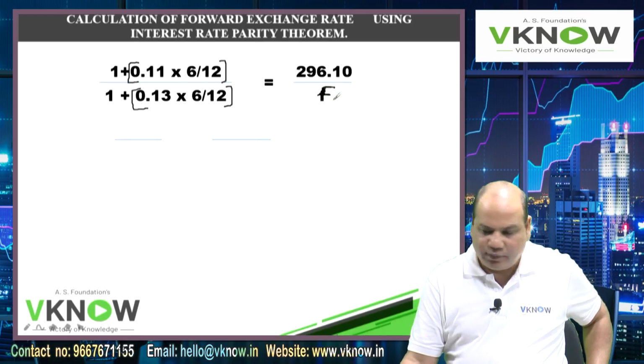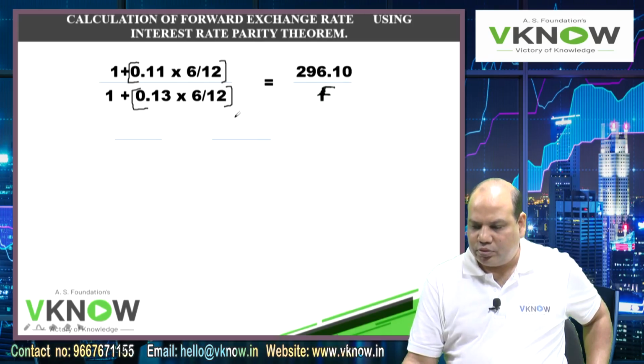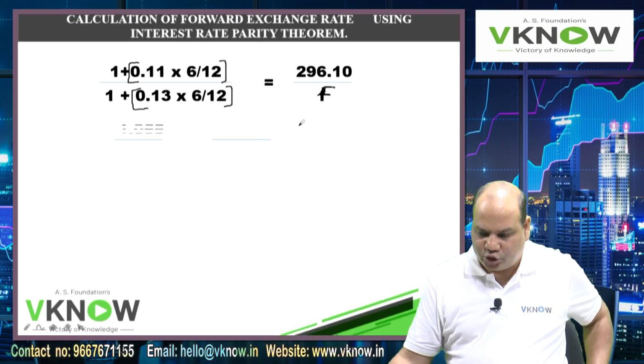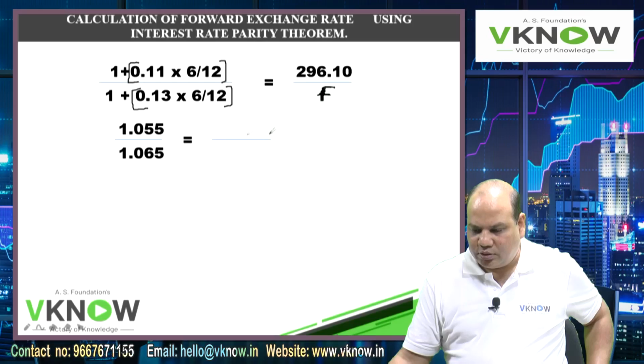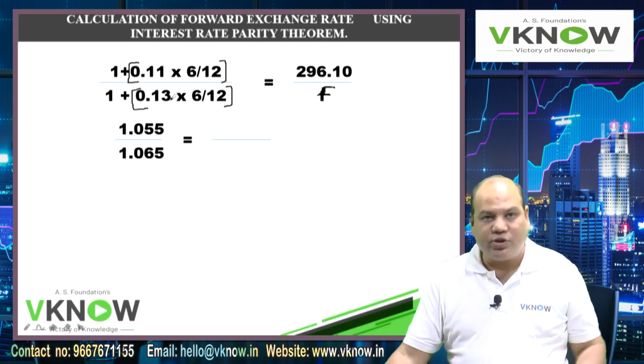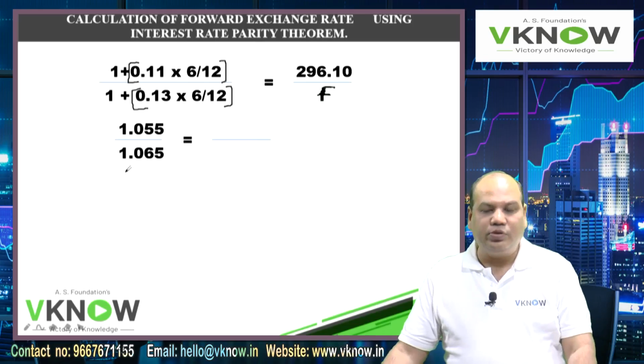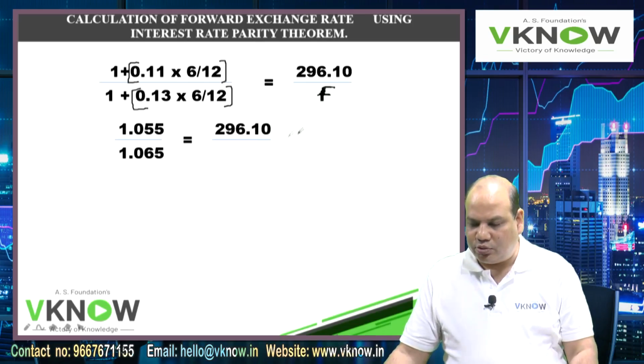The equilibrium forward rate, so that there is no arbitrage opportunity. So this will become 1 plus 0.055, 1.055, and this will become 1.065. And this is 296.10 divided by F.